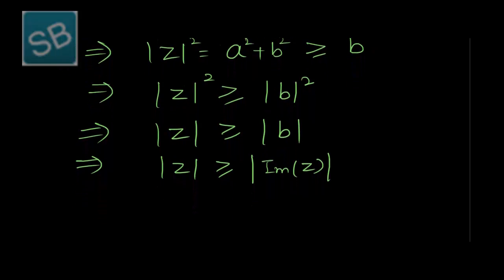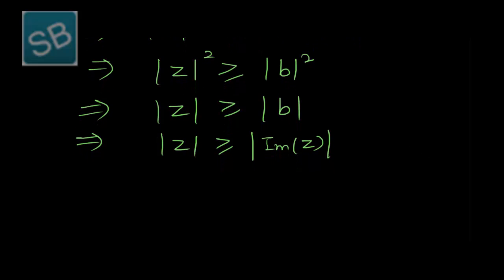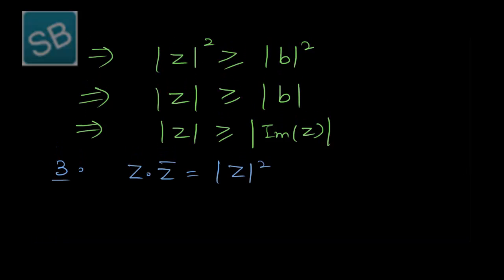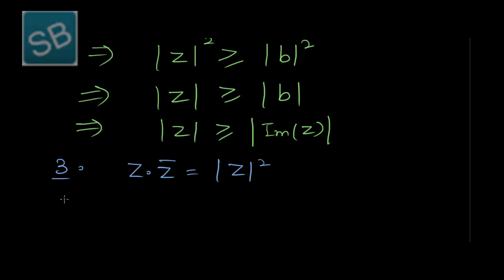Now the third property is z into z bar is equal to mod z square. That is, let z is equal to a plus ib.